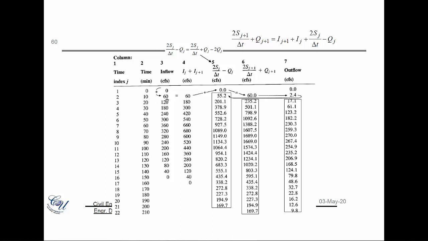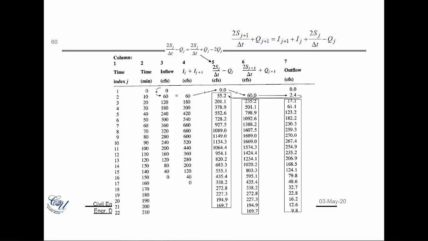After 10 minutes, the inflow is 60 cubic feet per second, which gives us the fourth column, which is the addition of the two inflows. So this is j plus 1, and this is at j, so 0 plus 60 is 60. Fine. Now I'll move to the sixth column instead of the fifth column.